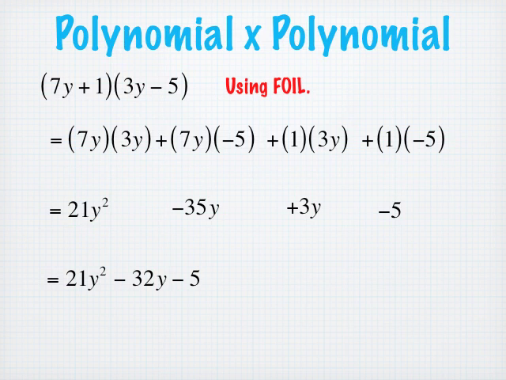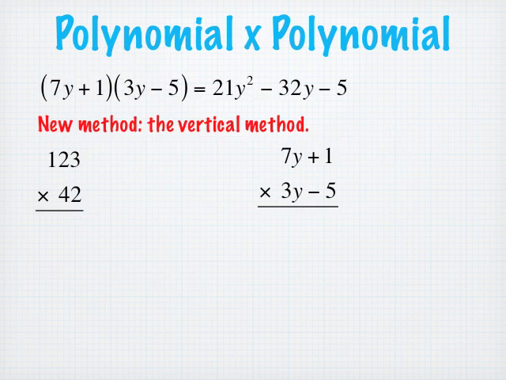Now we will do more examples, but before I do them, I want to introduce another method. This is called the vertical method. To explain the vertical method, I want to just review it with numbers. If I were to take 123 times 42, do you remember how you do that? You'd take 2 times 3 and get 6, 2 times 2 and get 4, 2 times 1 and get 2.